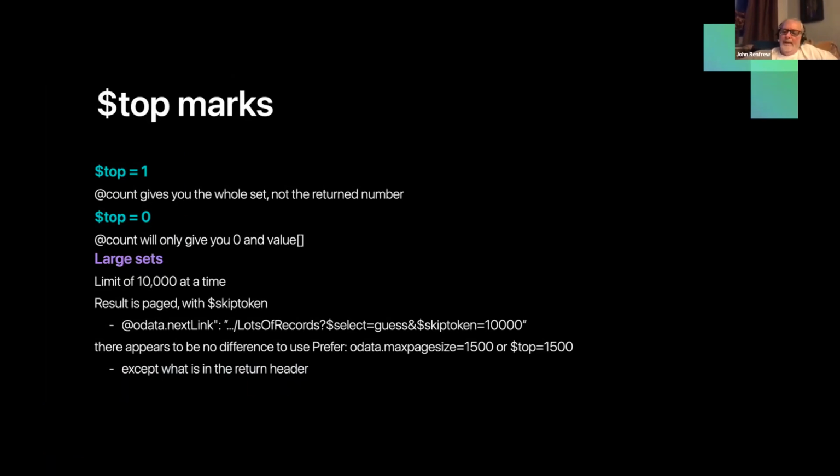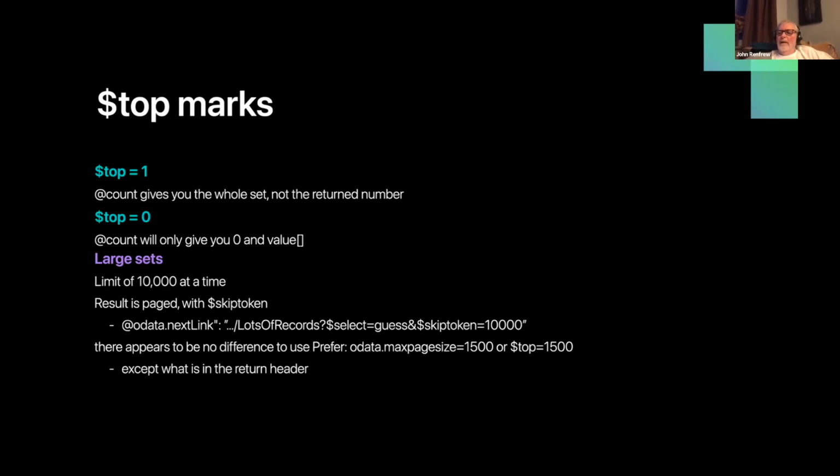if you put top on it, if you say just give me back 1 record, but there are 40 in the found set that match it, but you say just give me that first one, then the @count returns the found set, not the returned set. Okay?